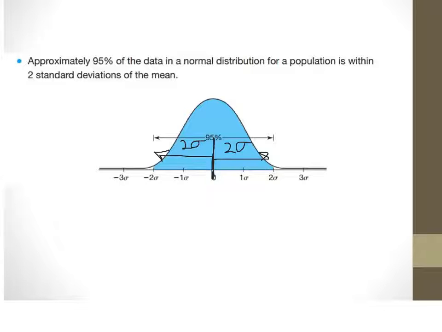And so inside 2 standard deviations is 95% of the data. So if you think about our example from last time, where we have 100 people and our data is normally distributed, then 95 people would be contained within 2 standard deviations of the mean. So this area in here would account for 95% of our data.